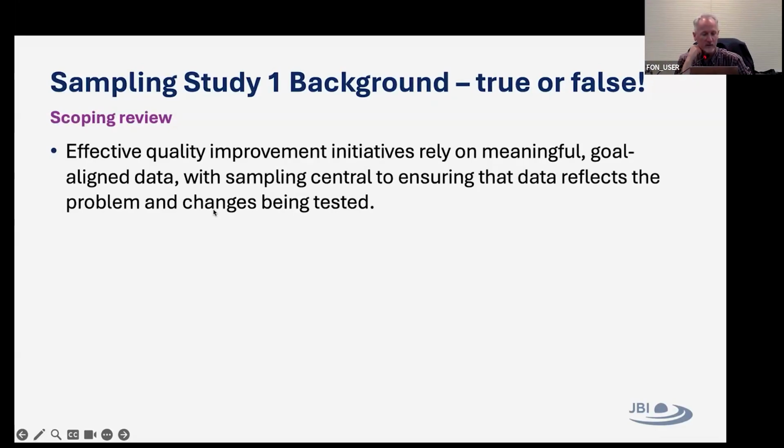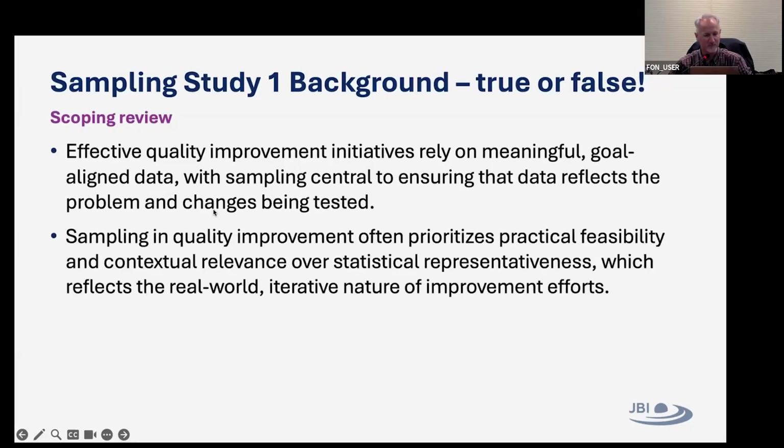Read it again. Effective improvement initiatives rely on meaningful, goal-aligned data with sampling central to ensuring that the data reflects the problem and the change being tested. Do you agree? Everyone agrees? Superb. I agree too. So maybe we are correct.